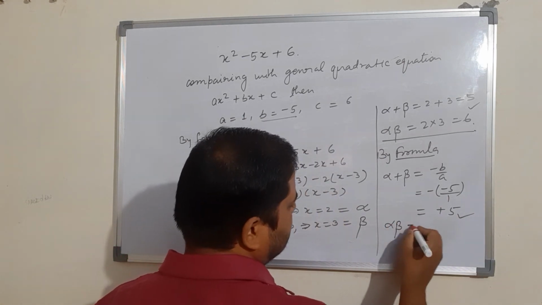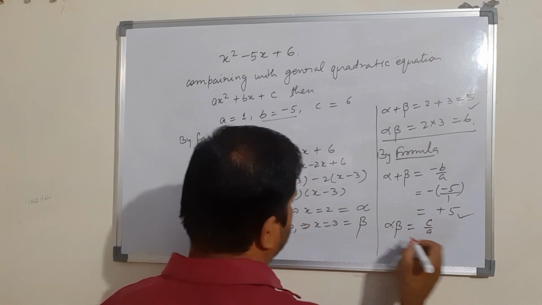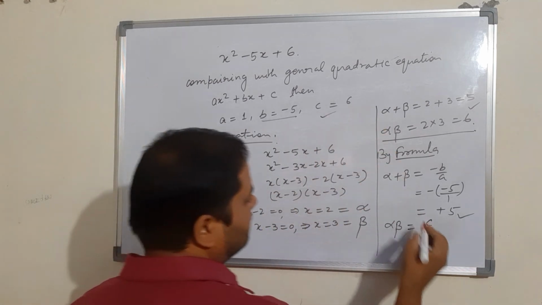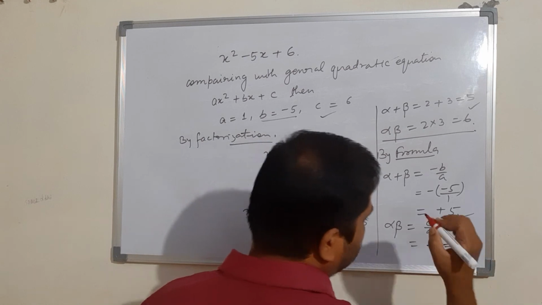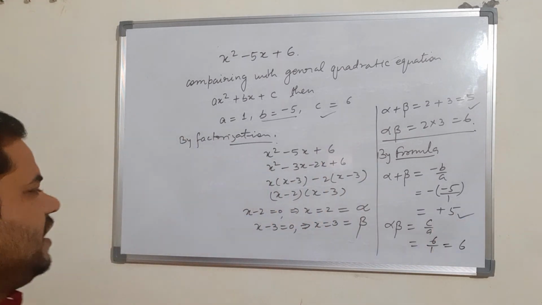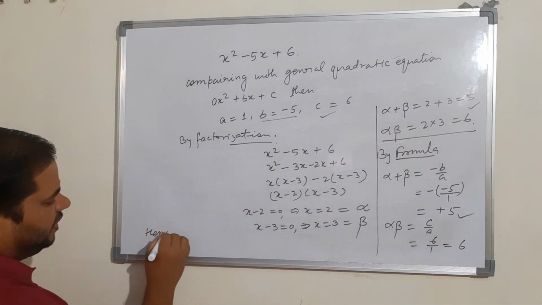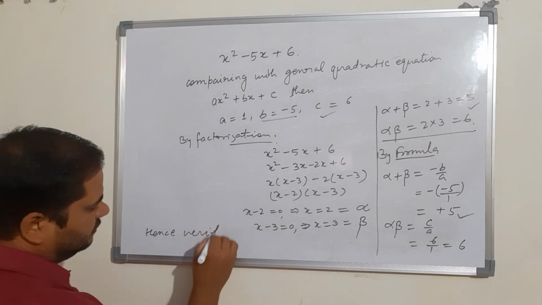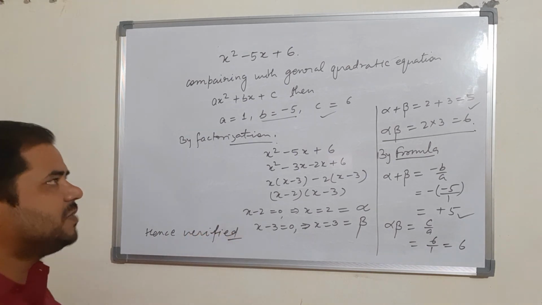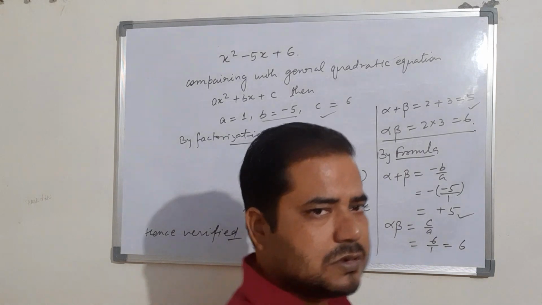Alpha beta is c by a, and c is 6, 6 by 1 is 6. Hence we can say this is verified. In this manner we can do this type of problem.